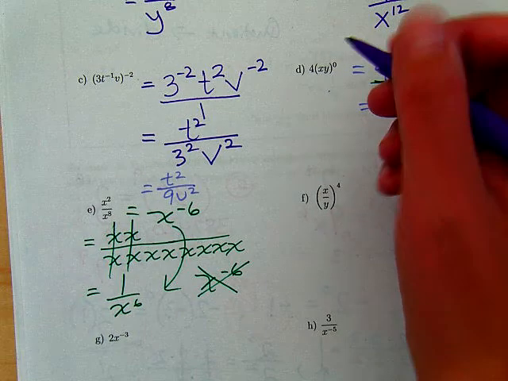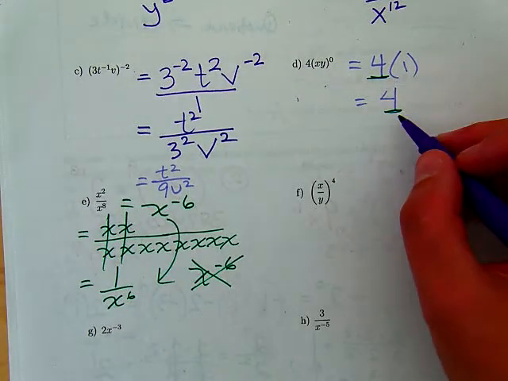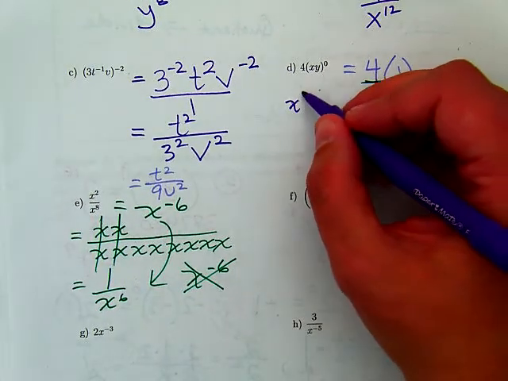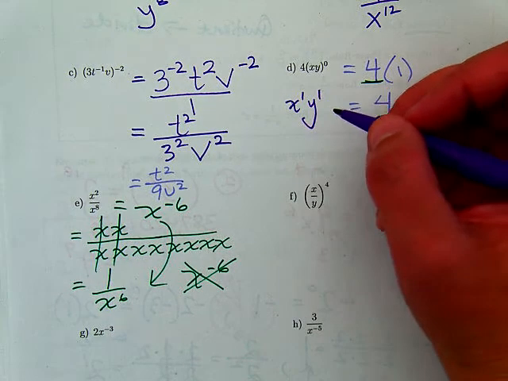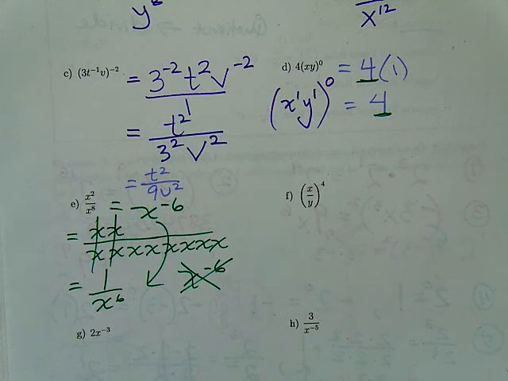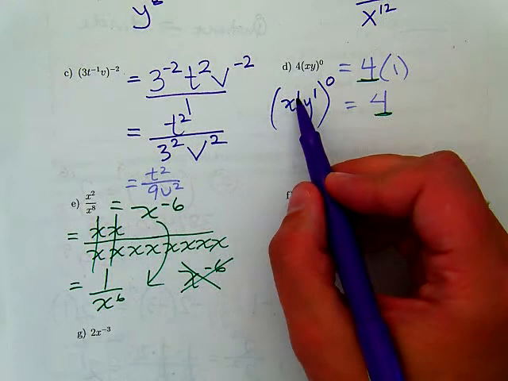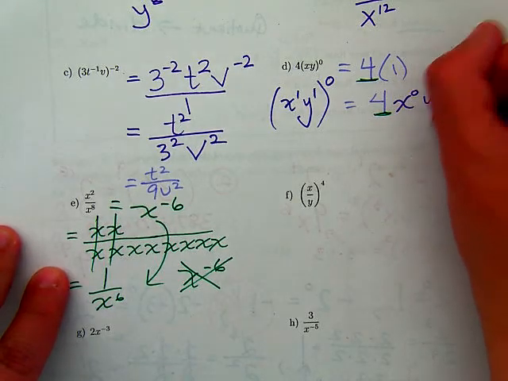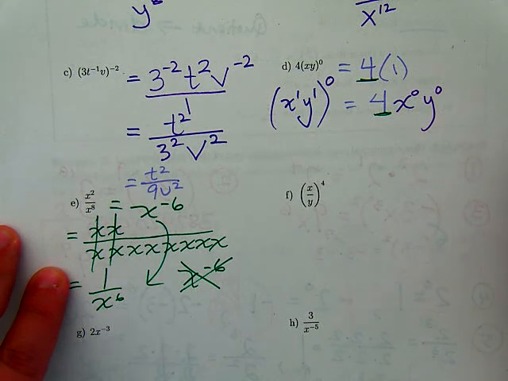So x and y right here, let's ignore the 4 for a minute because we know the 4 is in the end. Let's go back to this one. So x to the first, right? Y to the first to the 0 power. What was the rule that we used for power to a power on the last page? We multiply the exponents, right? So what is 1 times 0? So this would end up being x to the 0, y to the 0, right? But anything to the 0 power is 1.